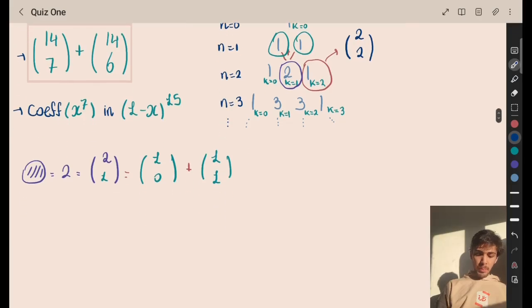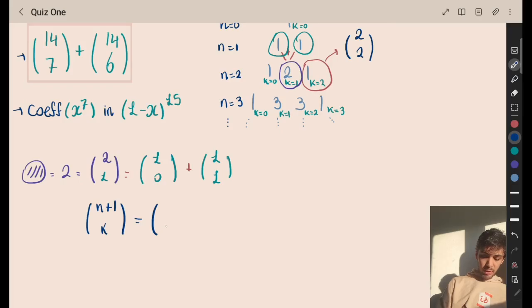So more generally, as you can see here, 2 is 1 plus 1. 1 is, let's say, some k. Then here I have this 1 minus 1, which is k minus 1. The number n is the same.